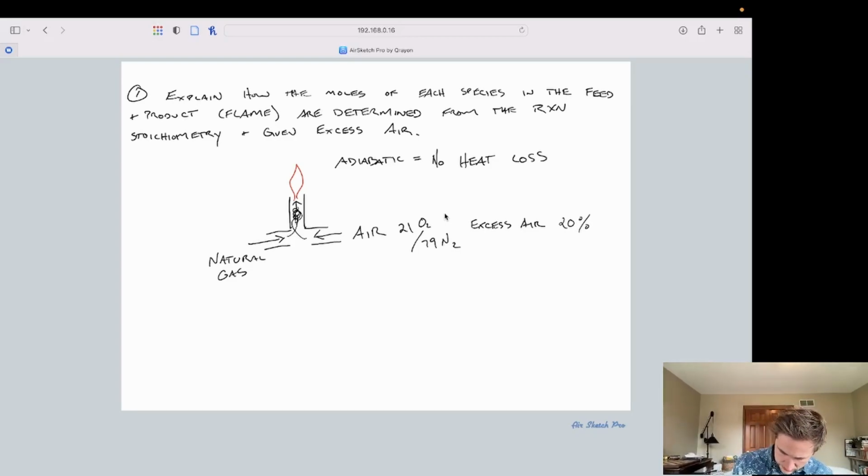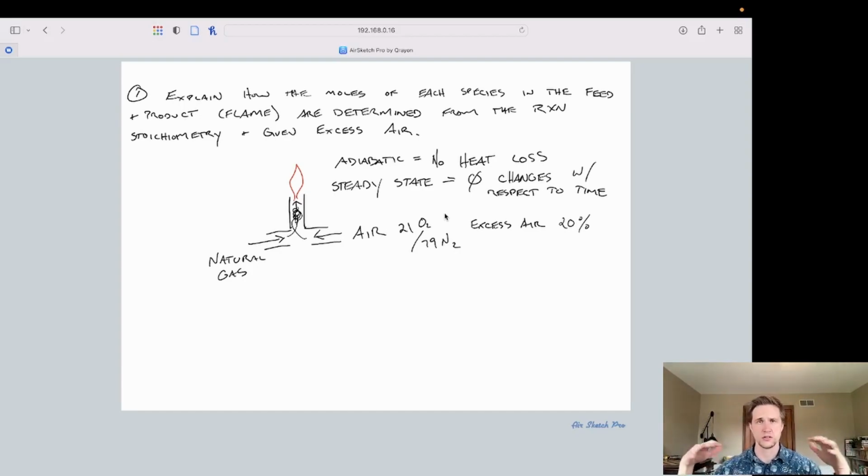Two is that this is a steady state system. And what does steady state mean? It means that we have zero changes with respect to time. Now, why does this matter? What this helps us see is that the enthalpy coming into the Bunsen burner has to equal the enthalpy leaving.